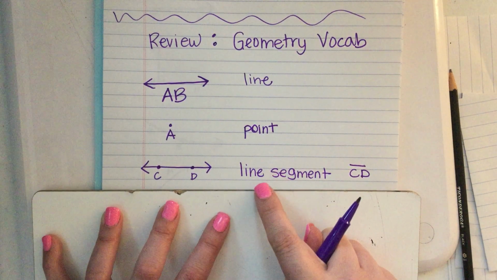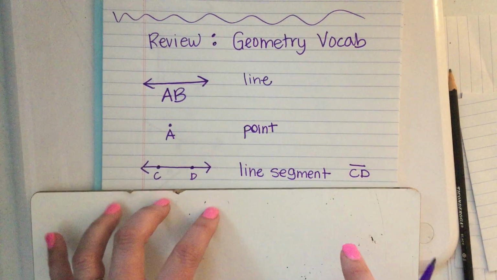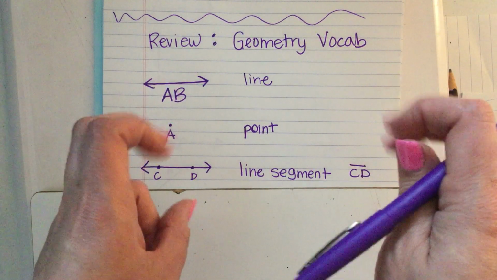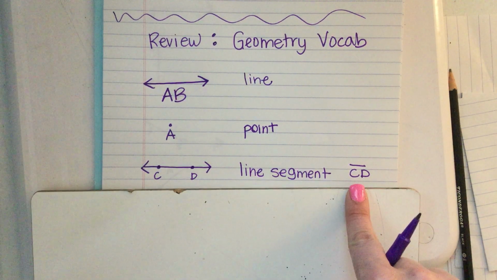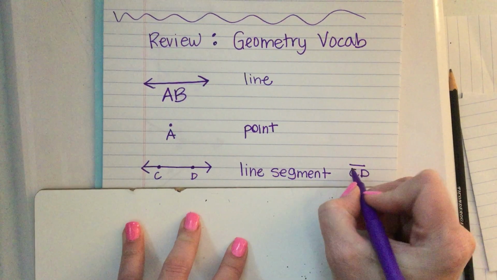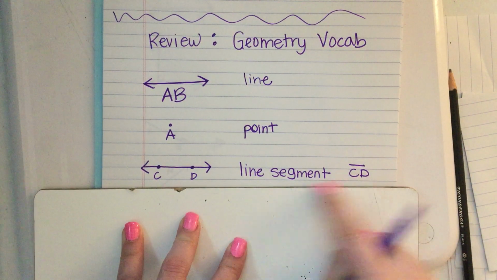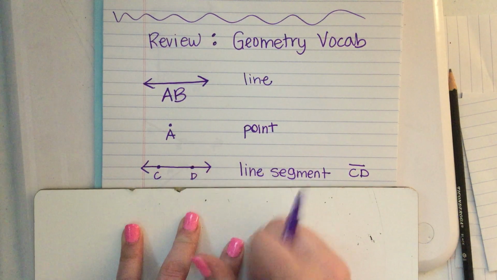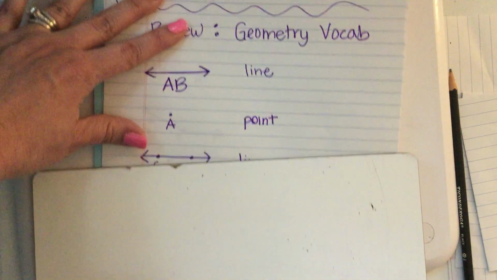So I could say line segment CD, or in my fancy vocabulary coding terms, as I like to say, because it's like we're writing in code or hieroglyphics a little bit, I would write the letters C, D, and then a line over the top without the little arrow symbols because it's not a line, it's a part of the line. Okay, so this is line segment CD.